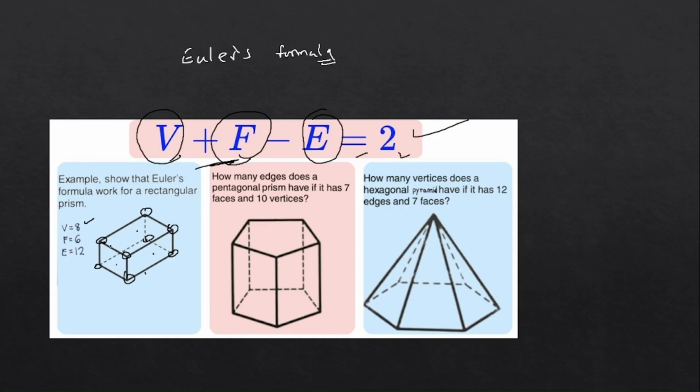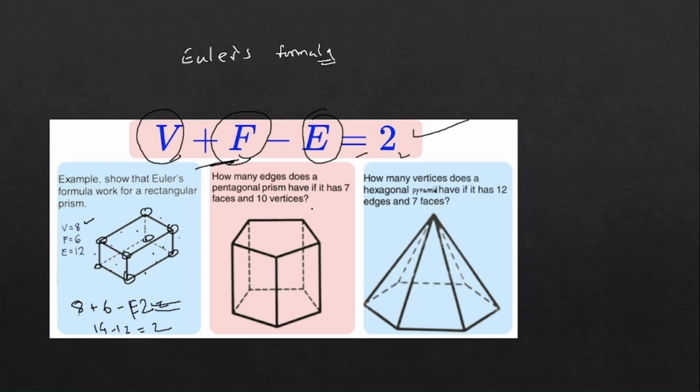Number of edges: 1, 2, 3, 4, 5, 6, 7, 8, 9, 10, 11, 12. So keep it in Euler's formula. Number of vertices is 8 plus number of faces 6, that is 14, minus number of edges, that is 12. So what comes is 14 minus 12 is equal to 2, like this.